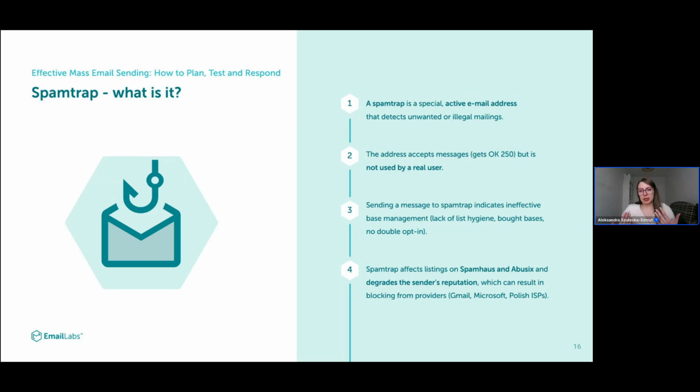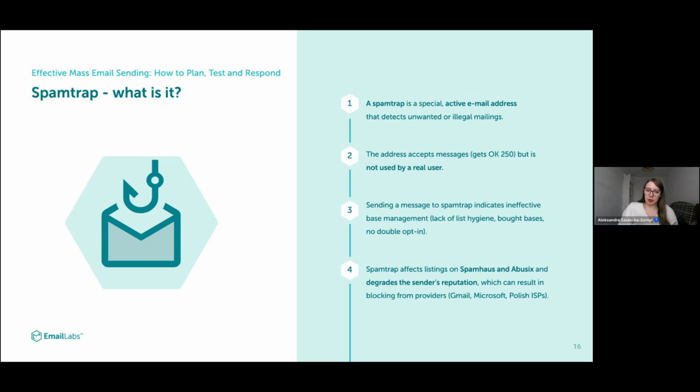If you send an email to a spam trap address, they receive a signal that your email-base hygiene is not up to par, and that is why it is wise to filter and look into the older addresses that you have in your base, because usually spam traps are made from inactive addresses, some corporate email addresses that were not used in a long time, and so on.